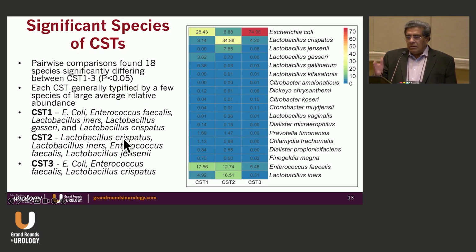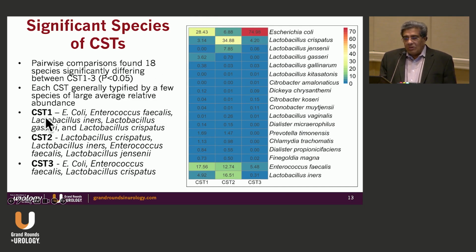And here are the significant species, because in the previous one you could not tell what the dominant types were in each community state type. You had to do a separate statistical analysis for that. When you do pairwise comparisons of all 23 species, the charts show highlighted ones, and E. coli is probably the most present.